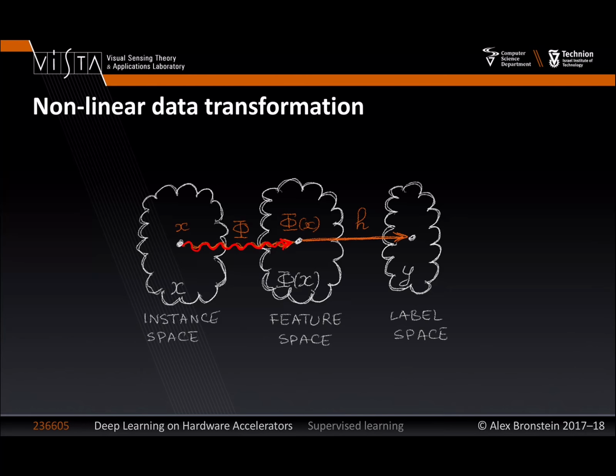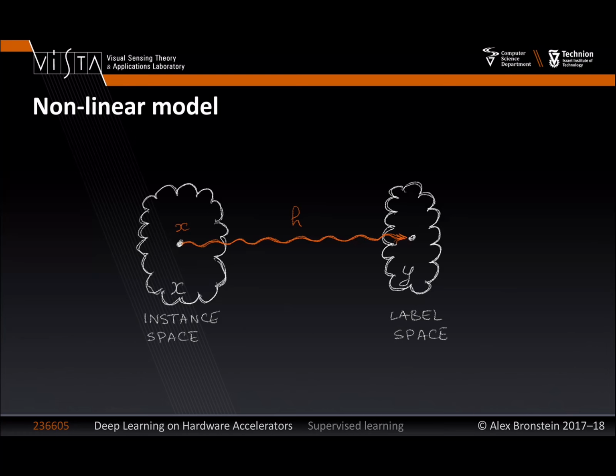In the deep learning approach, the model is directly nonlinear. So we are looking for nonlinear maps from the instance space to the label space. And of course, we will need to define the family of these hypotheses, these nonlinear models, and learn how to optimize them. This is something we are going to see in the next few lectures.